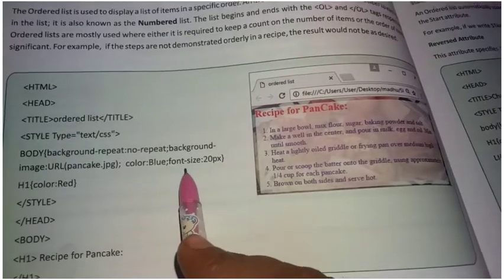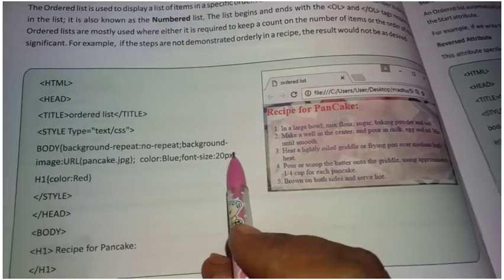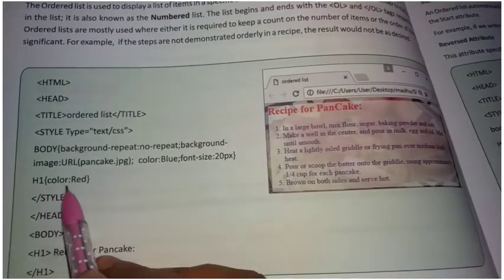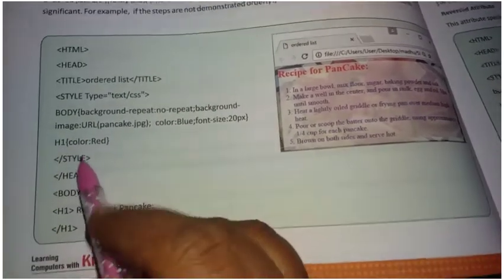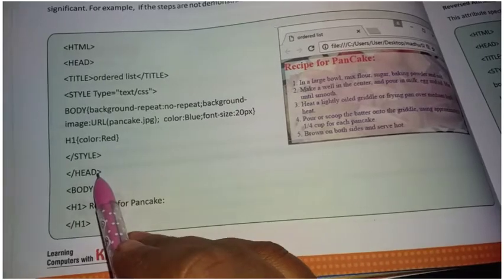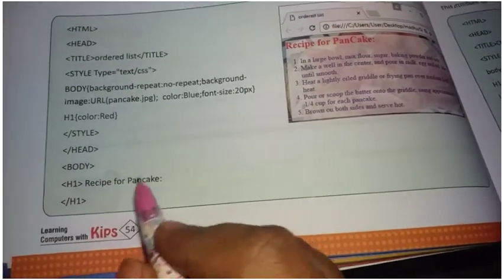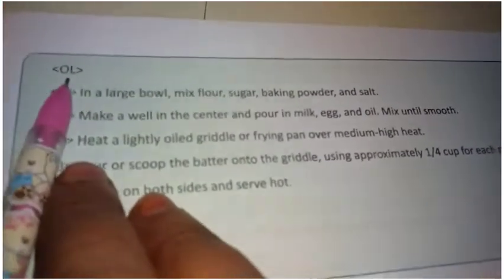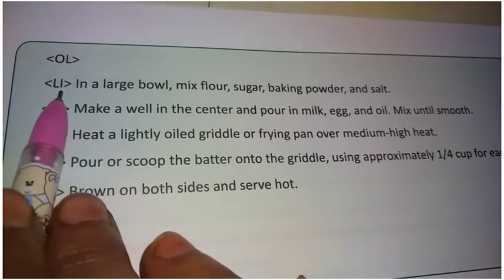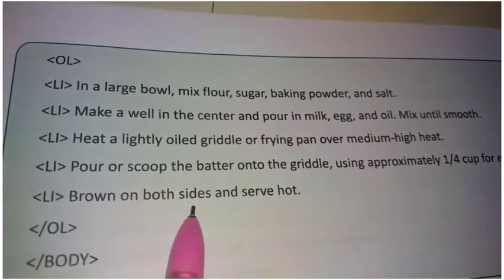Color blue, font size 20 pixels, close style, H1 color equals red, close style tag, close head tag, open body, H1 recipe for pancake, close H1. Now open OL. OL means ordered list. Here, starting with the LI tag, these are the list items.